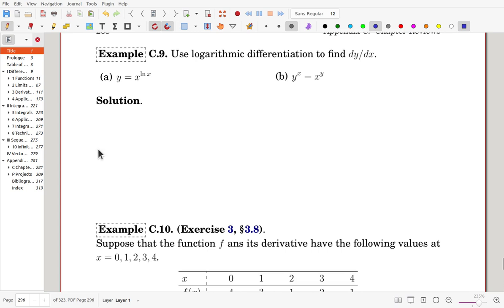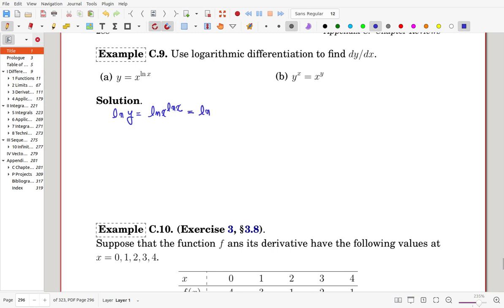Okay, y equals x to the natural logarithm of x. We take natural logarithm on both sides. Then natural logarithm of y equals natural logarithm of x times natural logarithm of x. That's the power, so by using the power rule, it can go out.